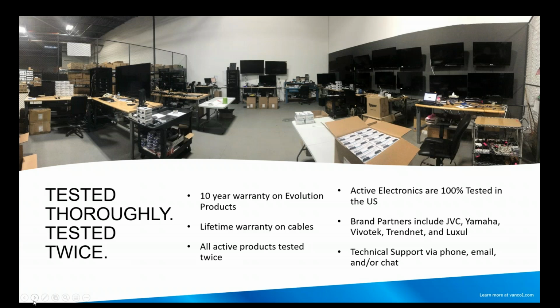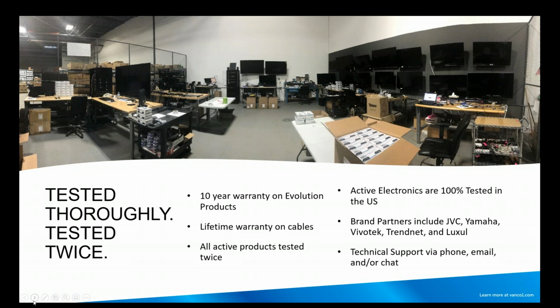As far as sources, we've got all versions of Apple TV, Roku, Amazon Fire, AV receivers, security NVRs, dish, cable boxes, again, you name it. What we are trying to do with all of our units, our black boxes, is we are testing them again before they ship out to our distributors and ultimately you guys, our dealers. So just know if you're getting a Vanco product, it has been tested twice.